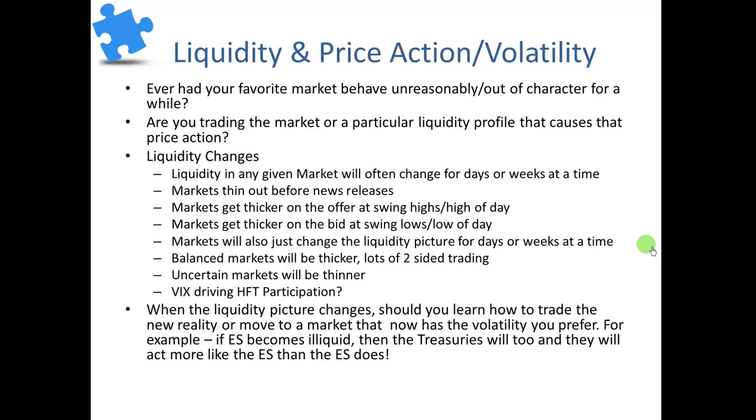So when it gets above 20 to 25 on the VIX, the next day you will see 60% of the liquidity on the ES get pulled. The liquidity picture is changing all the time, and some of it you can predict, like the news, highs and lows of the day, and VIX spiking, and some of it you can't.